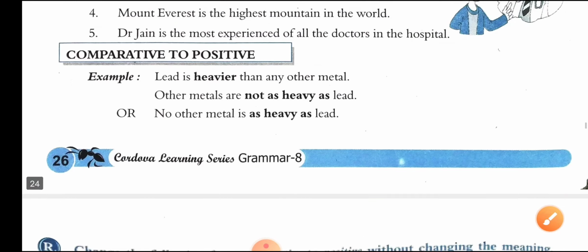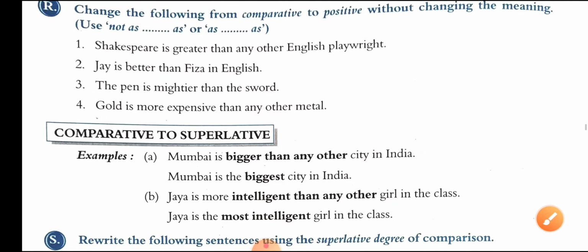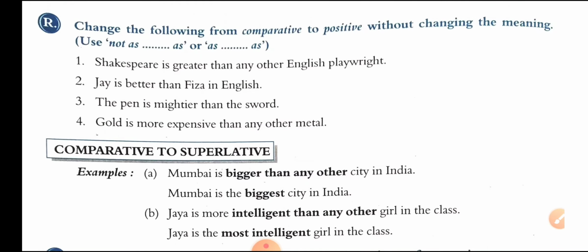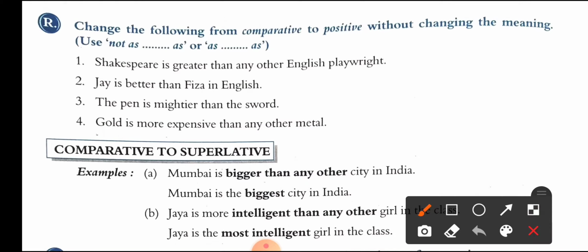Exercise number R is: change the following form of comparative to positive without changing the meaning. Use the "not as... as" pattern or "as... as" pattern, because it is comparative to positive. First one is, Shakespeare is greater than any other playwright. So we are comparing Shakespeare and any other, right? So what will you do?